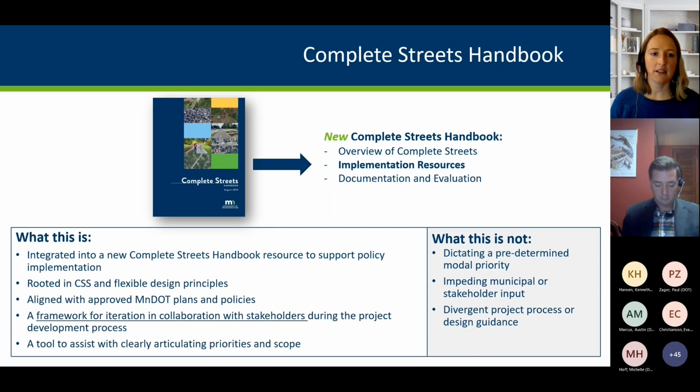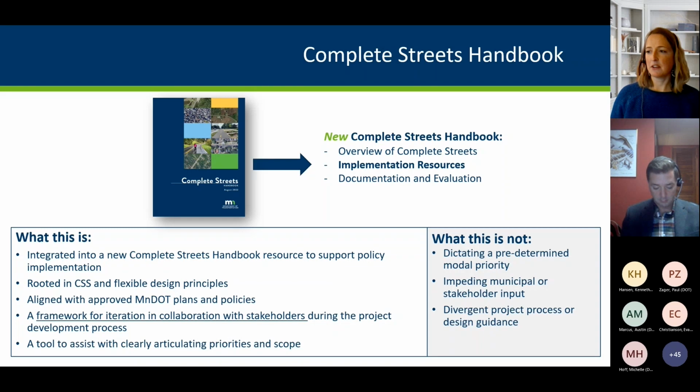This really is rooted in the design principles that we already have, like context-sensitive solutions, flexible design, and the other approved plans and policies. So by no means is this a separate standalone thing that is divergent from the guidance we already have. Complete Streets is more of the umbrella that's bringing these things together. And so specific design guidance is available in those other approved places.